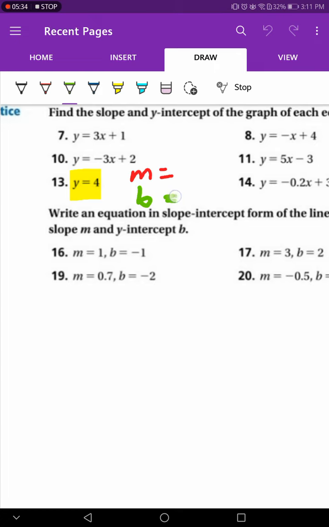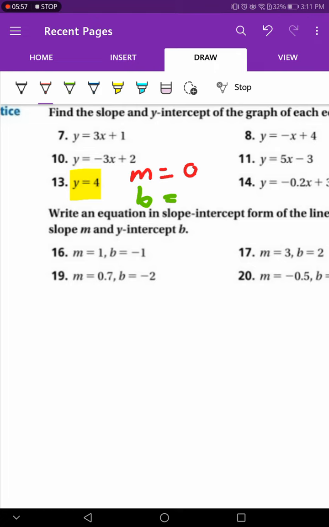Yes, I'm challenging you. Do you have any x here? No, teacher, because I don't have any x here. So the m, the slope, equals 0. That means the line, if I graph it, will be horizontal and intersect the y-axis at 4.